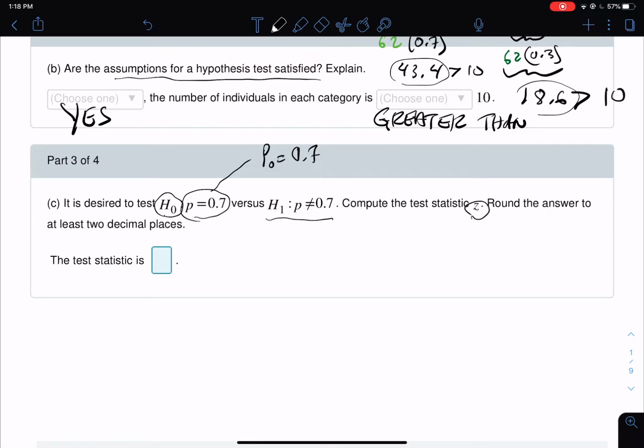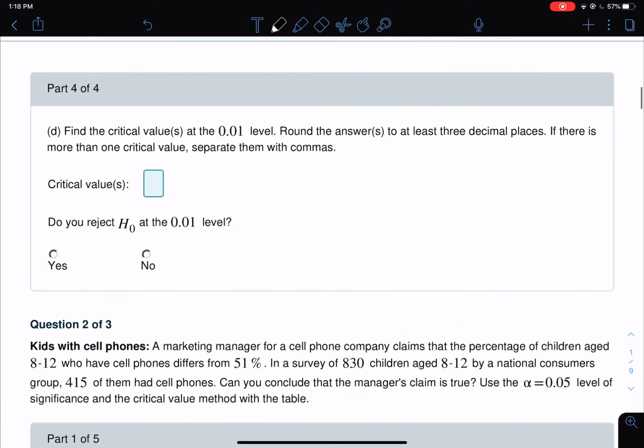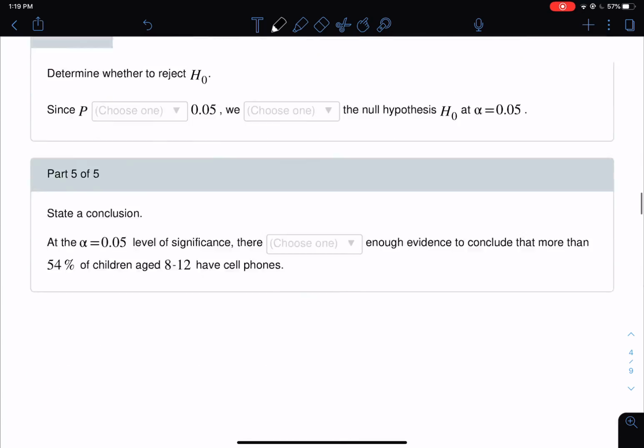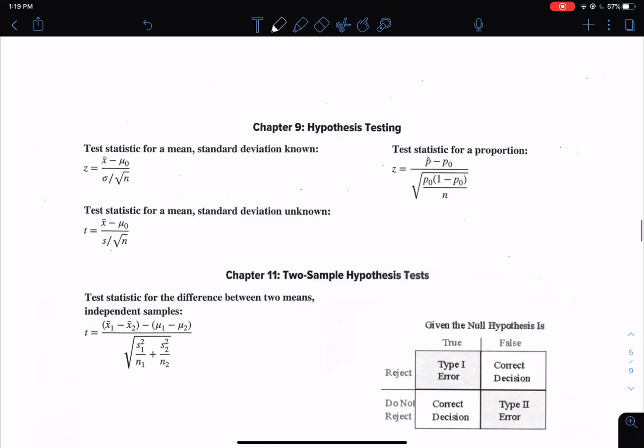Now we know it's a z statistic because when we take a look at our formula sheet that we always go back to, this is section 9.4, the test statistic for a population proportion.